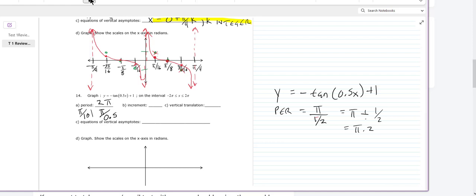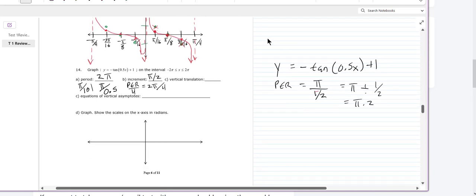If you're doing a tangent or cotangent, it's pi over b that gives you the period. For the increment, you always take the period and divide by 4. So we take the period 2 pi, divide by 4. That gives us pi over 2. That tells us the places on the x-axis where you have the special points.